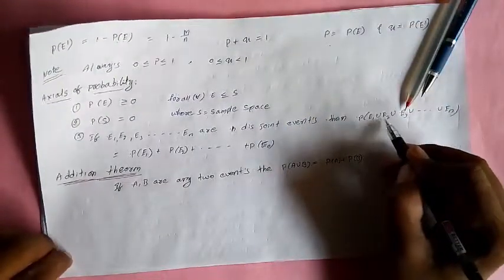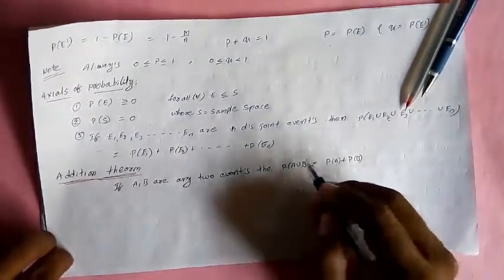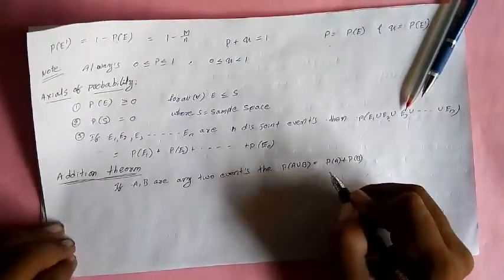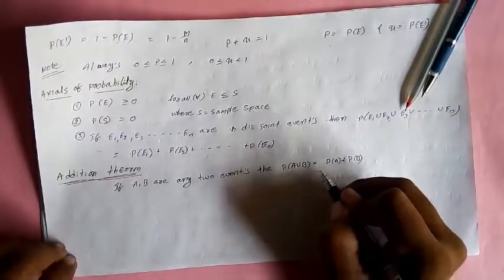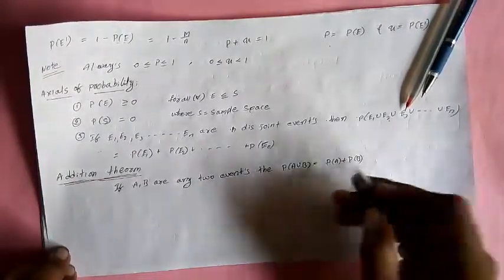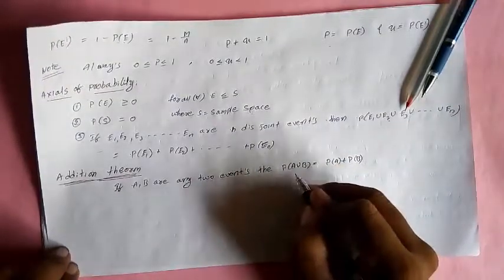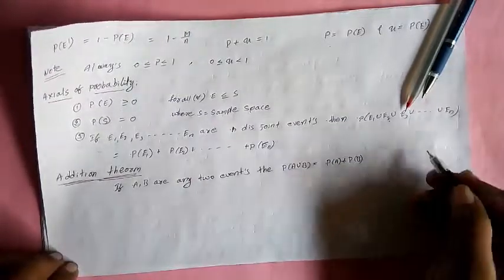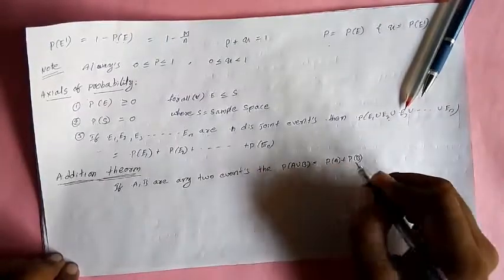That is, instead of E1 and E2, we are taking A and B, so P of A union B is equal to P of A plus P of B. For n number of distinct events, we can increase this number. If there is any number n of events, here also we can divide it and add the sum of events. Okay.